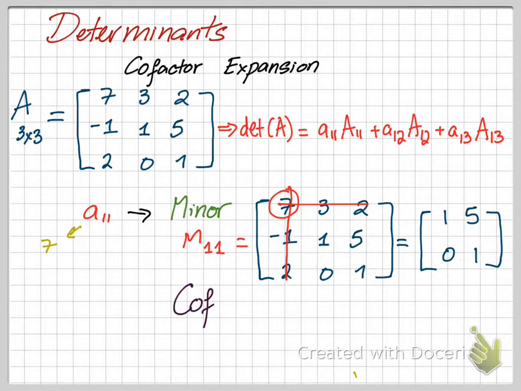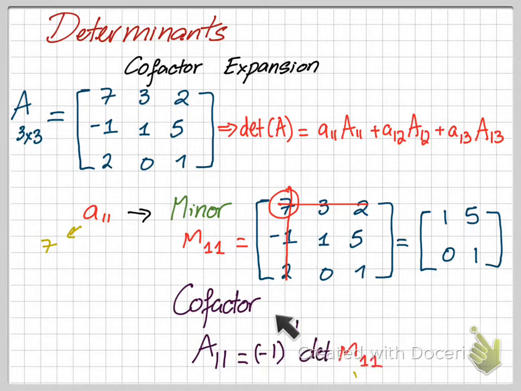Once we have the minor M11, we can find the cofactor big A11 that associates with little a11. So big A11 equals negative 1 raised to 1 plus 1, where 1 is the row order and this one here is the column order, multiplied by the determinant of M11, the minor that associates with the entry little a11.